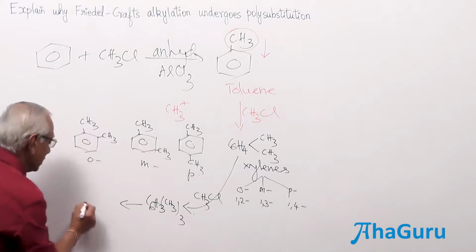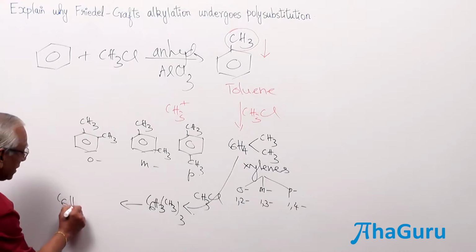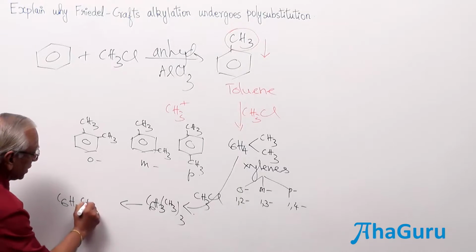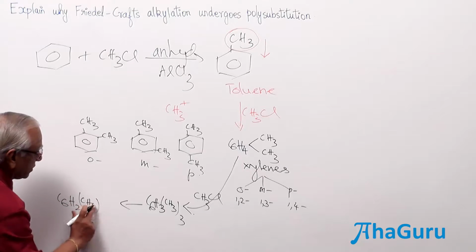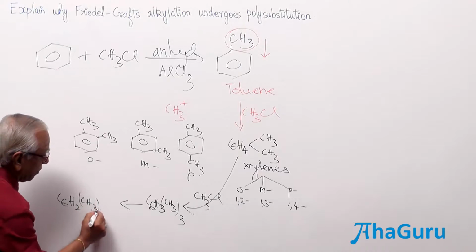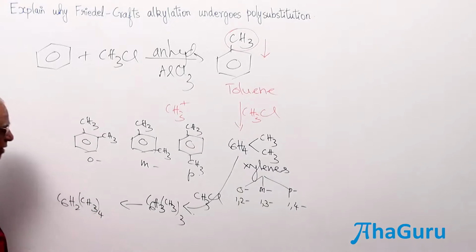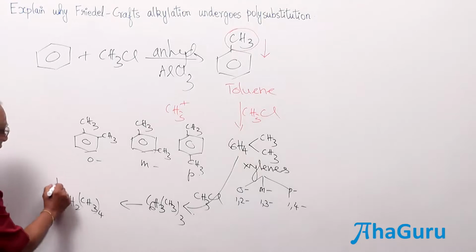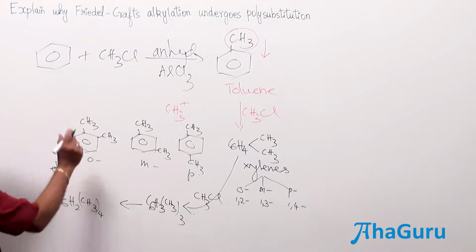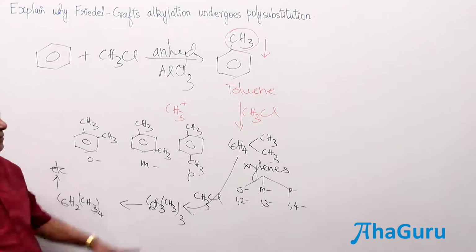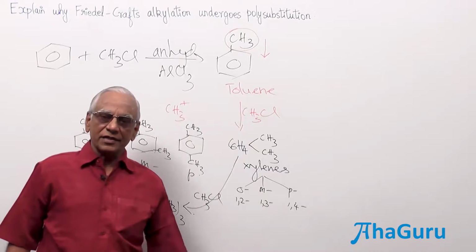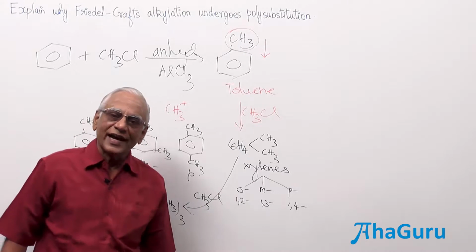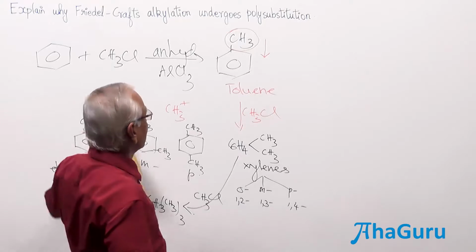This in turn reacts to give C6H2(CH3)4, tetramethyl benzene, and so on. Because every time the product becomes more activated, as it has higher electron density. Therefore, that is the reason why.